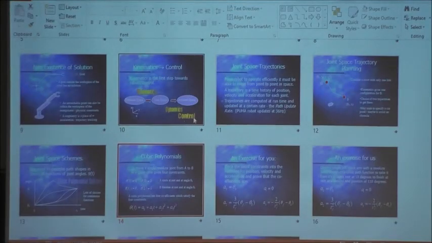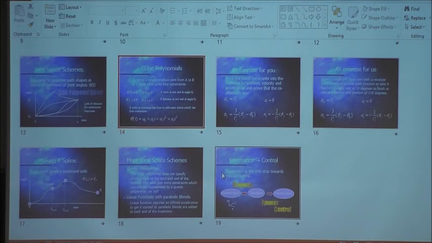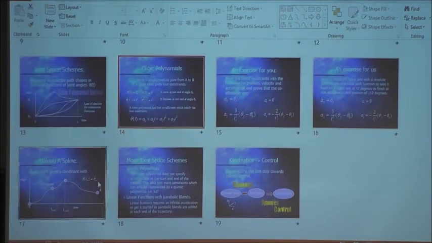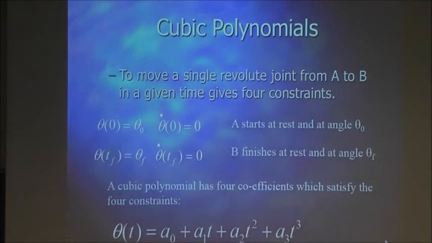I think I'm going to finish this because it's better to do that. I only have 4 more slides. You write a polynomial equation here, like theta(t), for a trajectory of a joint angle.